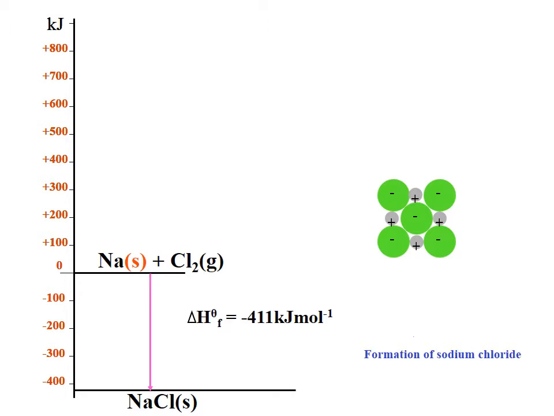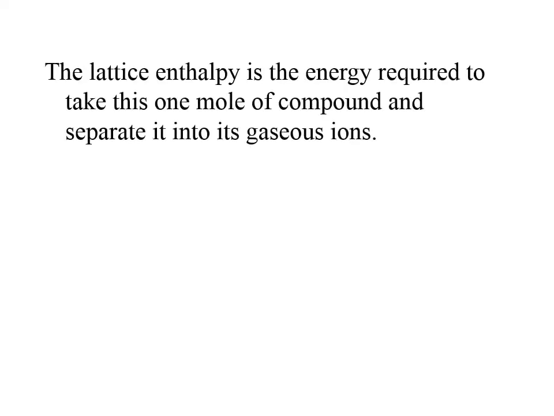And that created sodium chloride solid. All right, so that we have been able to measure. So we have our delta H of formation. Okay, remember, keep a spot for that and write everything else off to the side.